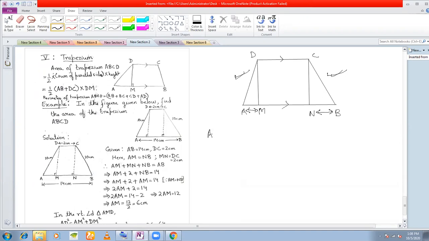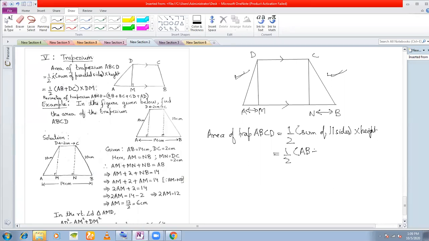So the area of trapezium ABCD is half the sum of parallel sides into height. And what are the parallel sides here? AB and DC are the parallel sides.